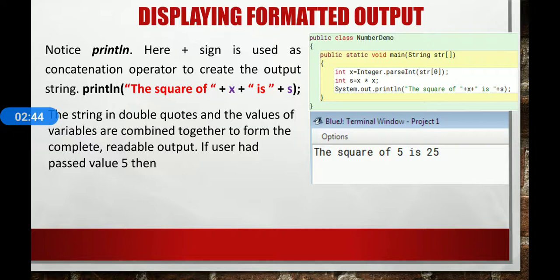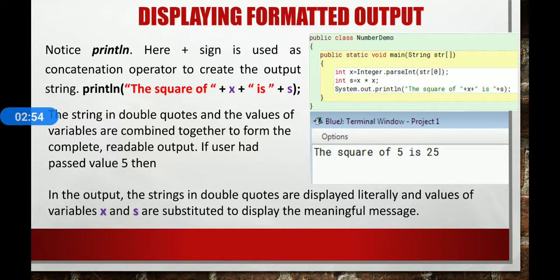The string in double quotes and the values of variables are combined together to form the complete readable output. In the output, the strings in double quotes are displayed literally as they are, and the values of variables x and s are substituted to display a meaningful message.